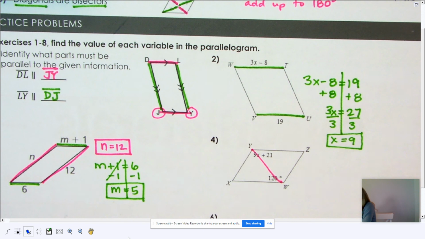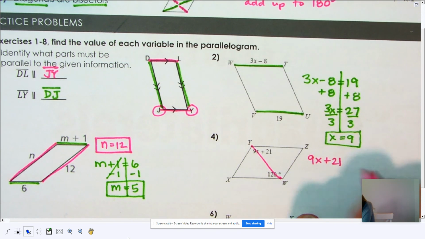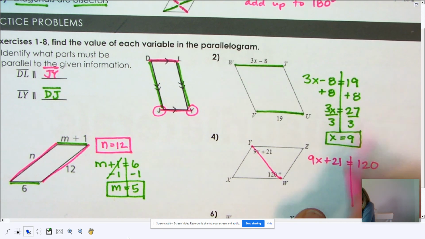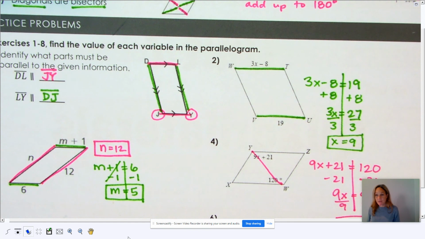So I'm going to write 9x plus 21 has to be equal to 120. So I'm going to subtract the 21 on both sides. I have 9x is equal to 99, and x is equal to 11. And that's it for number 4.